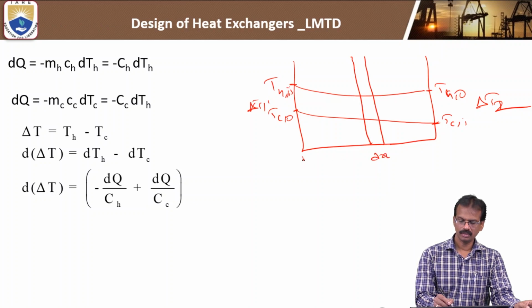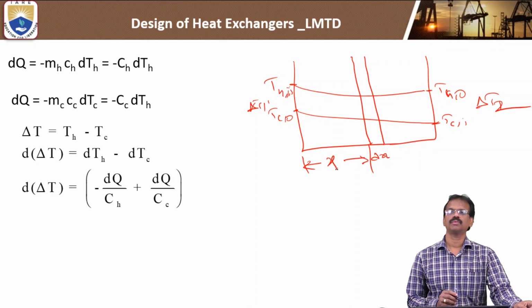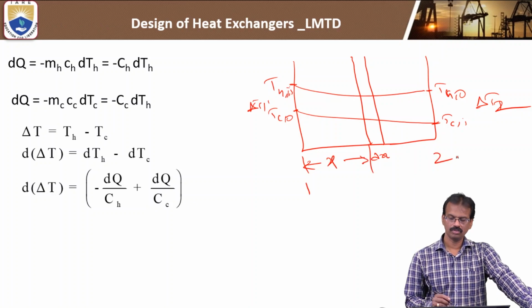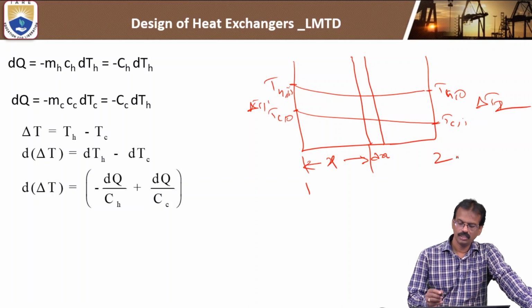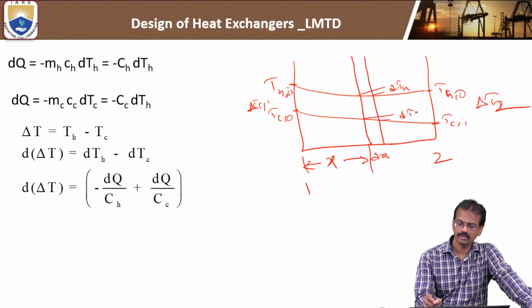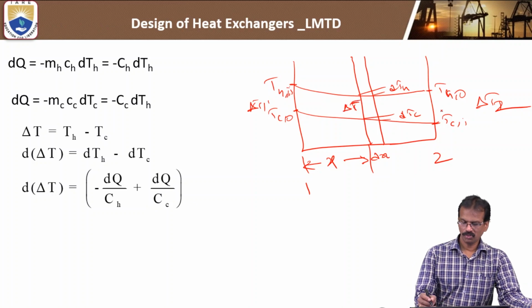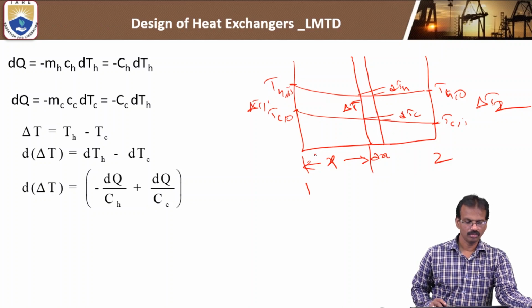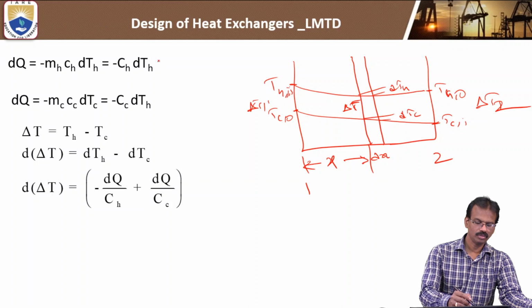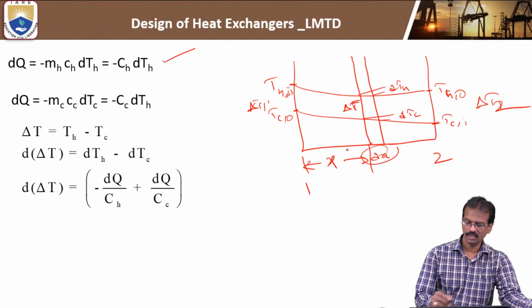This is dx, the thickness, at distance x from section 1 to 2. Here this is dTh, this is dTc, and this one is delta T. Similar to the parallel flow case, the temperature profile is decreasing in both fluids. So we take the enthalpy energy balance for the small elemental area.